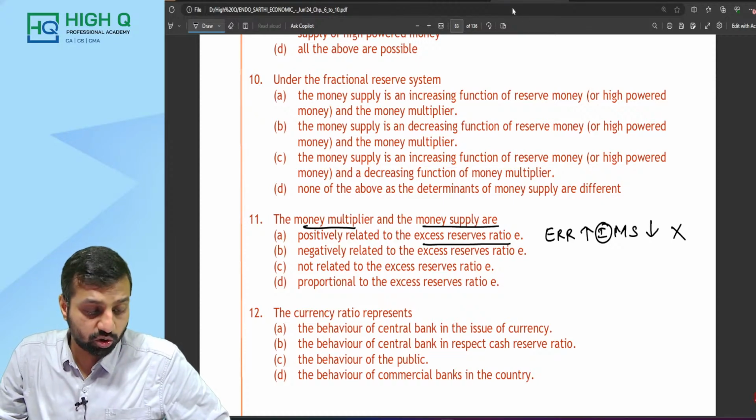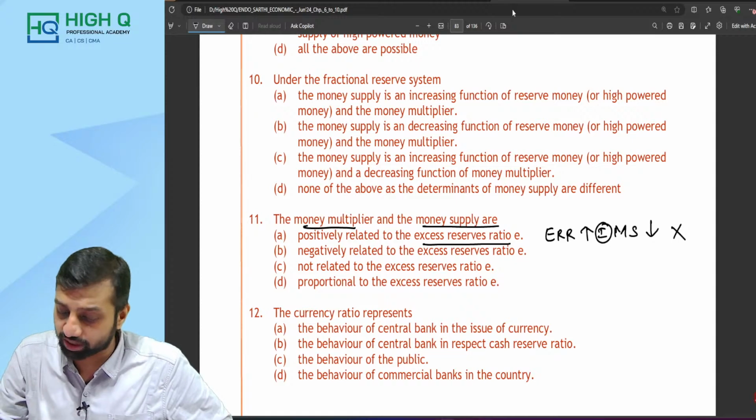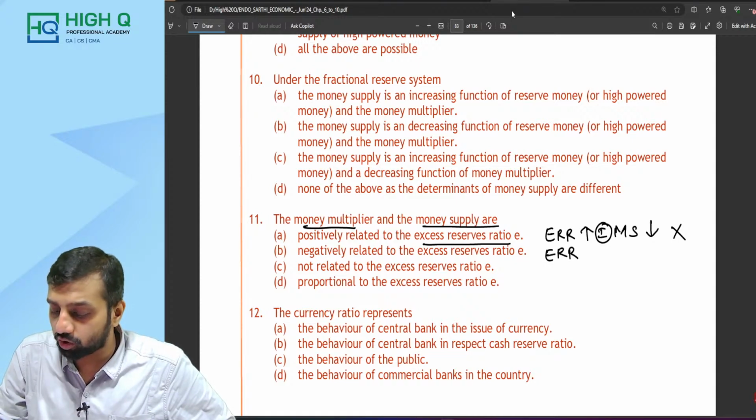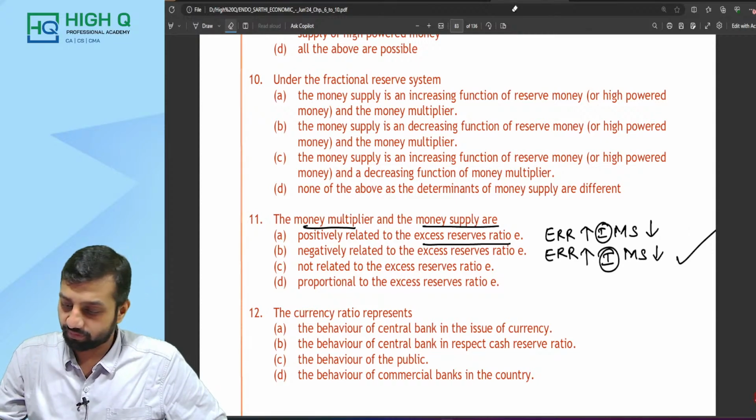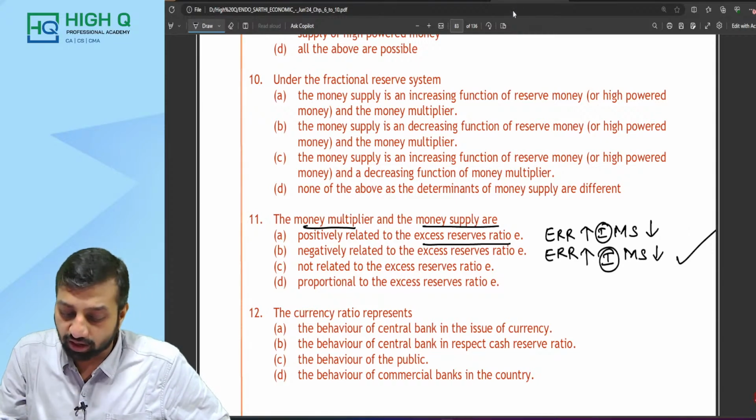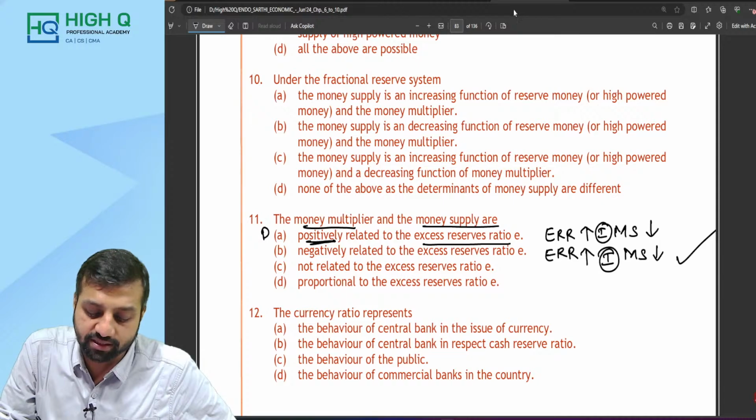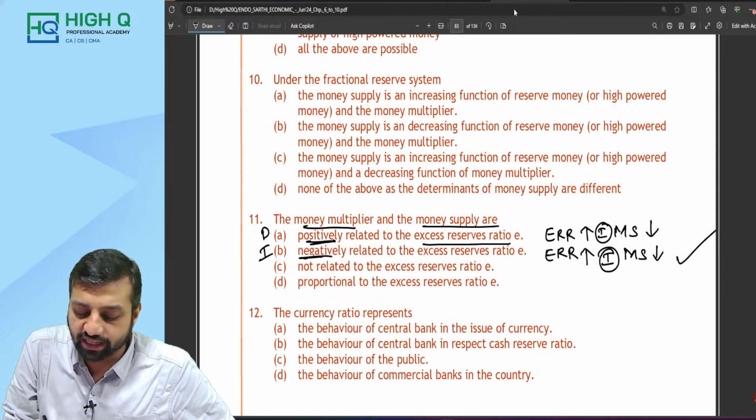Excess reserve ratio has an inverse relationship. So if the excess reserve ratio rises, money supply will fall. There is an inverse relationship, which is correct. Here they are saying positive, that means direct, whereas we get negative.